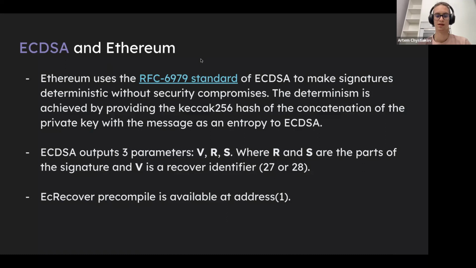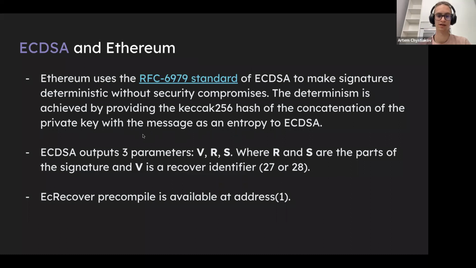So if you are signing a document, pretty much every time, the output will be the same. This is achieved by providing the Keccak-256 hash of the concatenation of the private key that you are signing with and the hash of the message you are signing as the entropy to the ECDSA.